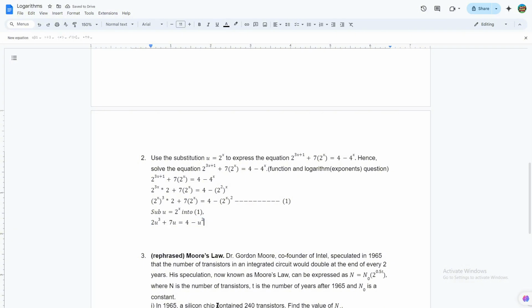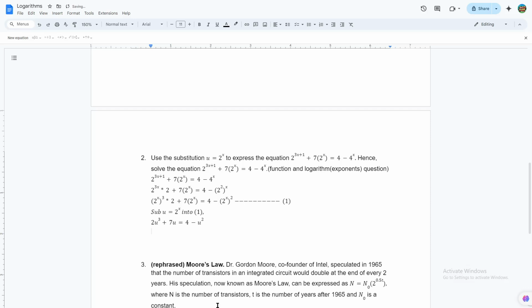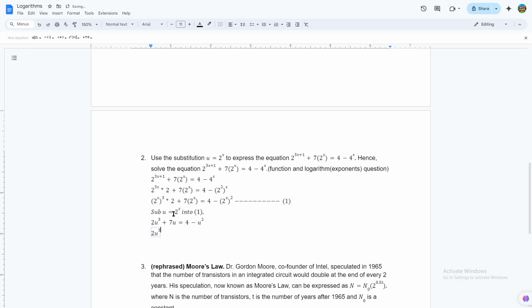So you just make this into a cubic equation with one side being 0. So 2u to the power of 3 plus 7u plus u squared minus 4 equals 0.